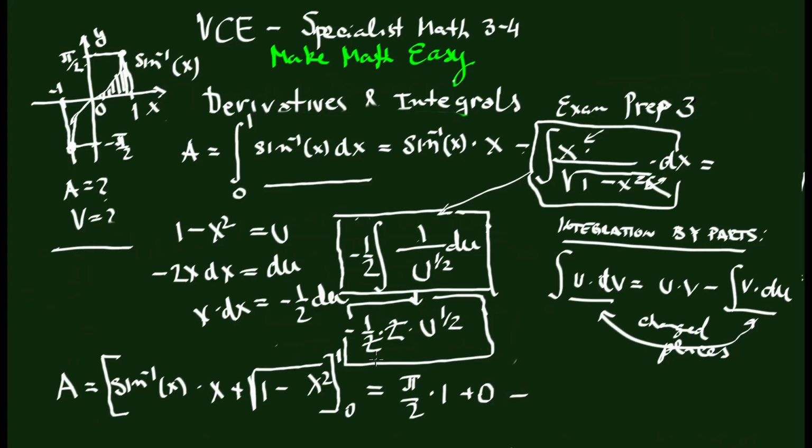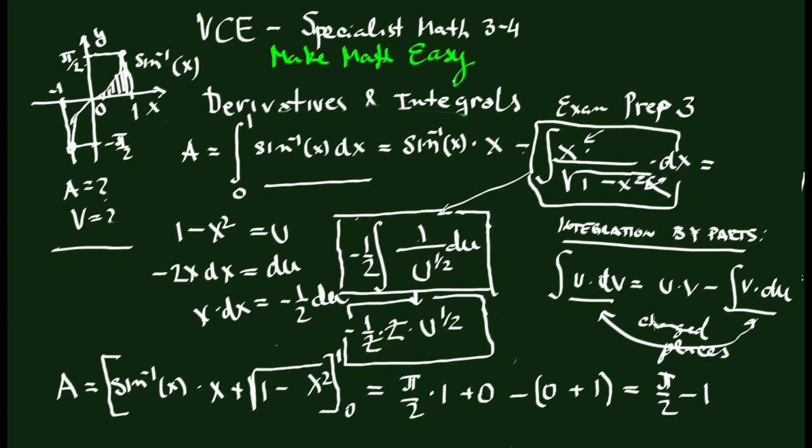Now minus, for the value of 0, sine of 0 is 0, plus, so this is always there, 0 plus square root of 1 minus 0, square root of 1 is 1. So it's -1, so it becomes pi/2 minus 1.